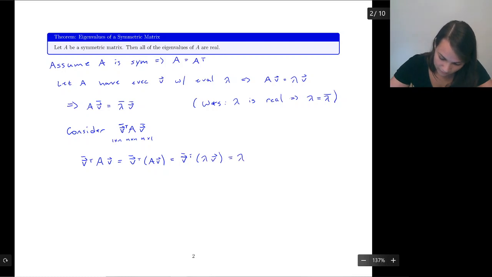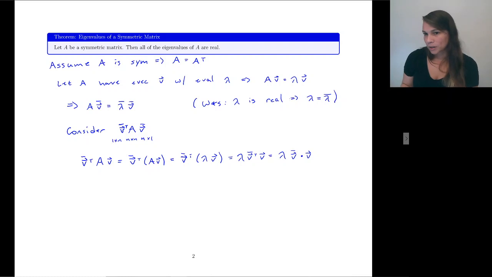Bring the eigenvalue out to the front. And then we're going to say that this is the same thing as a dot product. Okay. So we got somewhere. Can't really say much about that right now.